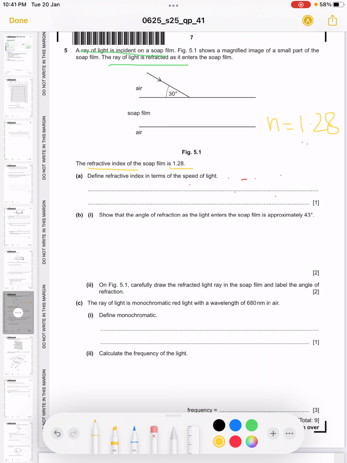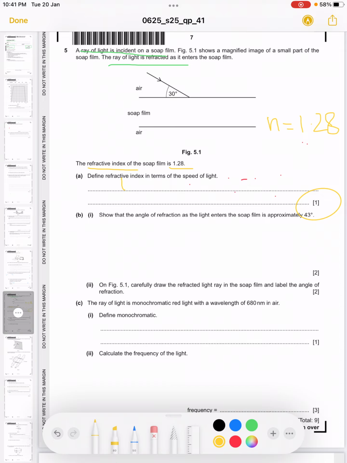Basically we need to write the formula that relates refractive index with speed of light. It carries 1 mark, so we just give that specific formula.